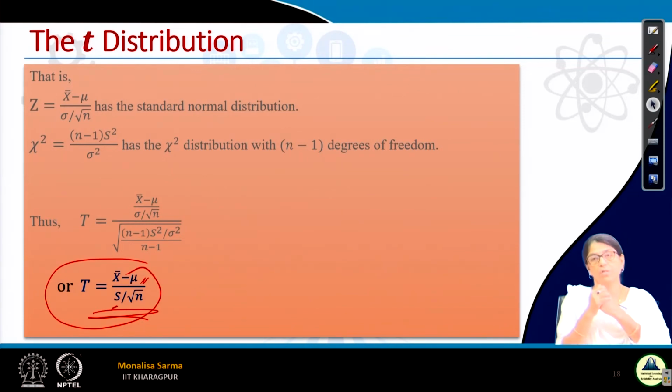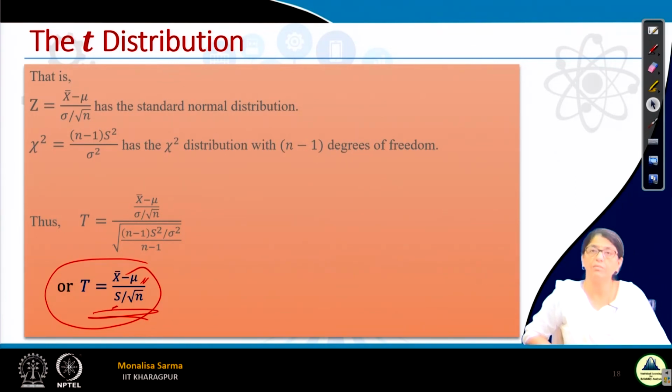Like for the z distribution, whatever value we get for z equals -2, the same value we will get for z equals +2, because it is symmetric. Similarly for t also. In z we have seen values given for both the upper tail and the lower tail, but in most t tables only the upper tail is given, and from the upper tail we can definitely find out the lower tail.